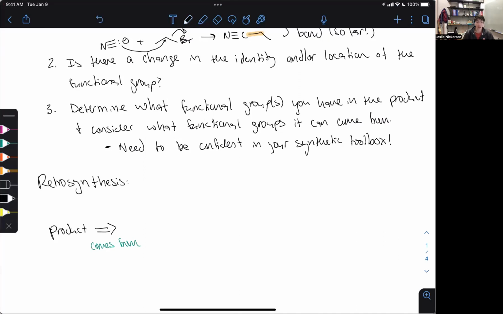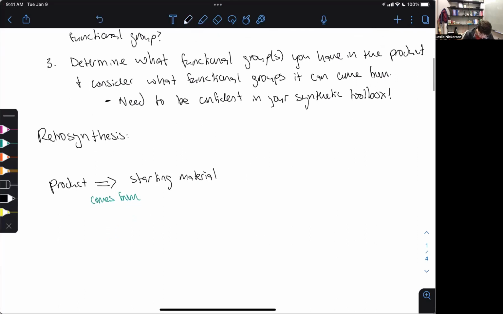So that product comes from this starting material. But if that retrosynthesis arrow is confusing you, you can always do retrosynthesis without the special arrow, but still set your problem up so that you're thinking from the product to the starting material.